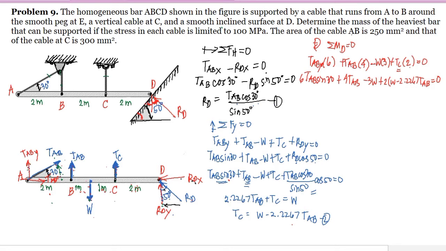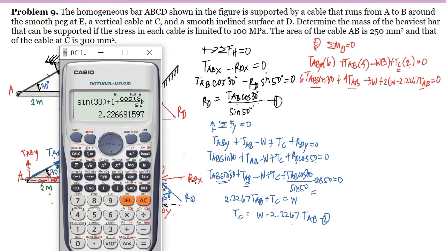Now, pagsasamahin natin lahat na may TAB, ito, at ito. So, we have here 6 sine of 30 plus 4 plus 2 times negative 2.2267, and that would give us 2.5466.